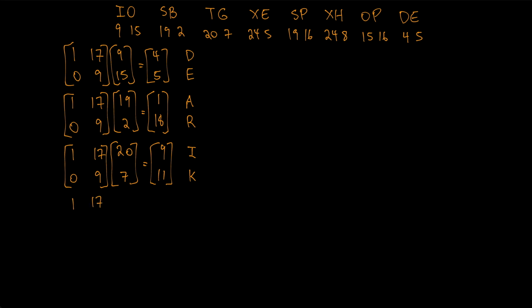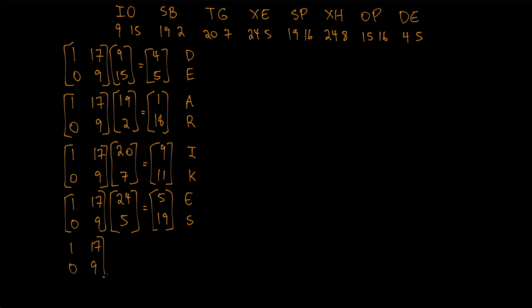Then 1, 17, 0, 9 times 24, 5 gives 5, 19, which is ES. 1, 17, 0, 9 times 19, 16 is 5, 14.